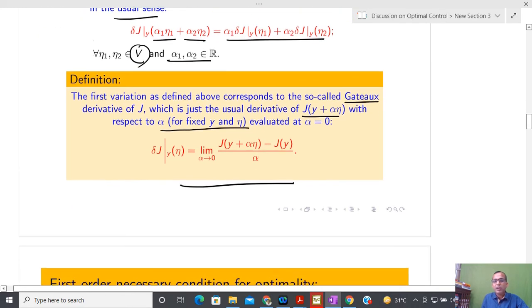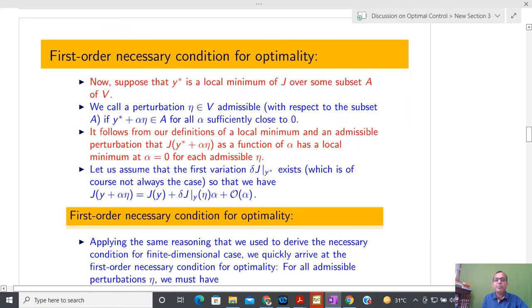Now let us come to the first order necessary condition for optimality. I am going to assume that y star is a local minimum of J. J is a function of a function, meaning a functional, on some set A. I am just going to talk about the local case, so I am going to talk about the subset.